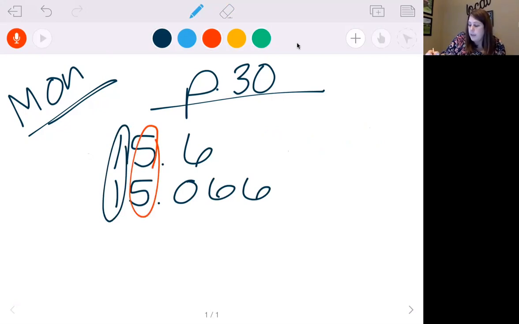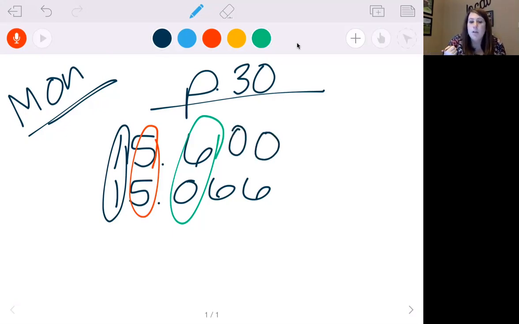Now when we get here, we have a 6 in our tenths column at the top and a 0 at the bottom. So if I wanted to fill in the rest, remember if there's nothing back here, those can be zeros. So if you look at those, now I have a 600 here and only a 66 here.